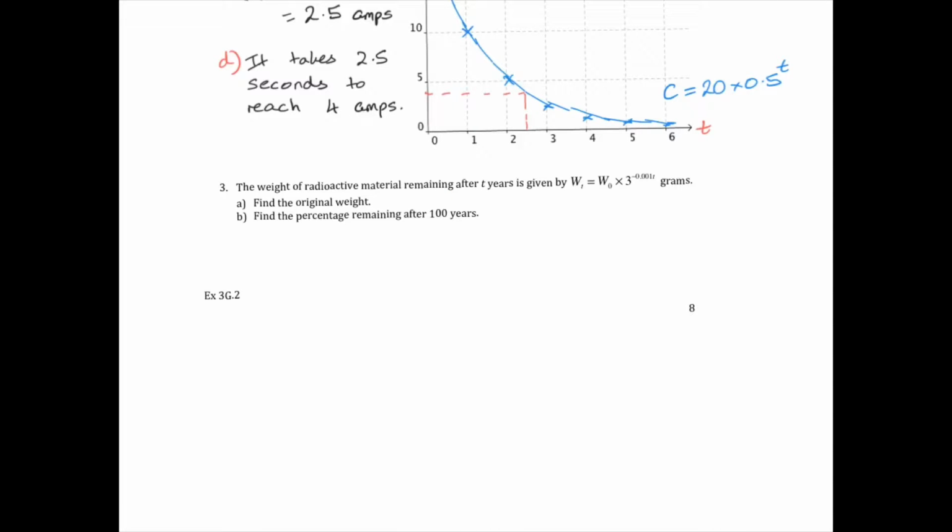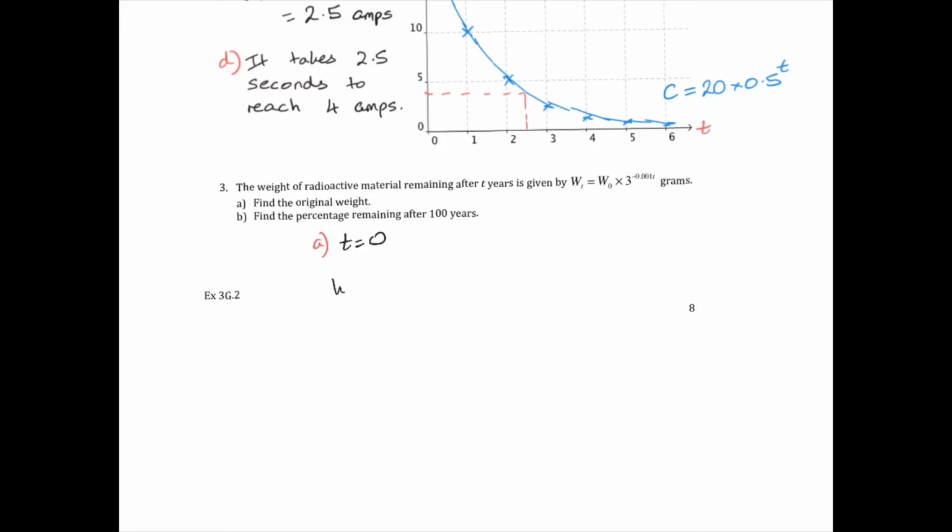The weight of radioactive remaining after T years is given by W(T) equals W0 times 3 to the negative 0.001 T grams. So what's happening at the original weight? That's when T is 0.